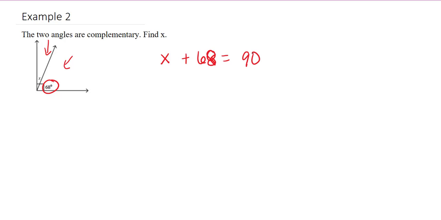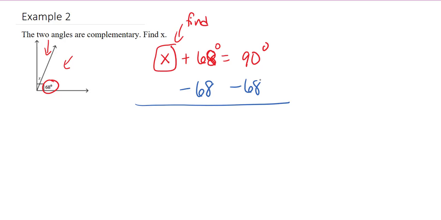These two angles added together is equal to 90 degrees. Now we need to find x. How do we do that? We go ahead and subtract 68 on the left-hand side to get rid of it and get x by itself. This just becomes 0. And we have to do it to the right-hand side to make it equal.